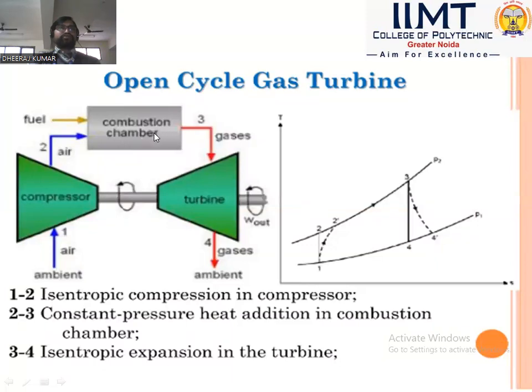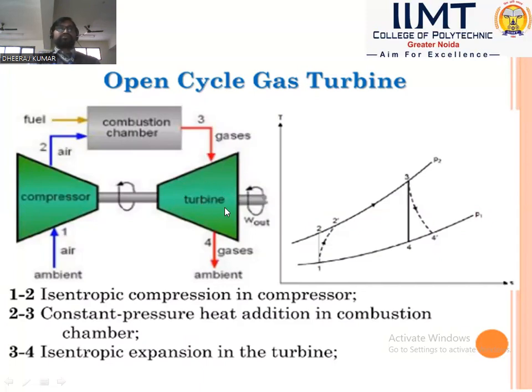After the burning of the fuel, hot gases are generated. These hot gases are supplied to the turbine, and they expand inside the turbine. The expansion process is a reversible adiabatic process. Process 3 to 4 is a reversible adiabatic expansion, or isentropic expansion process.